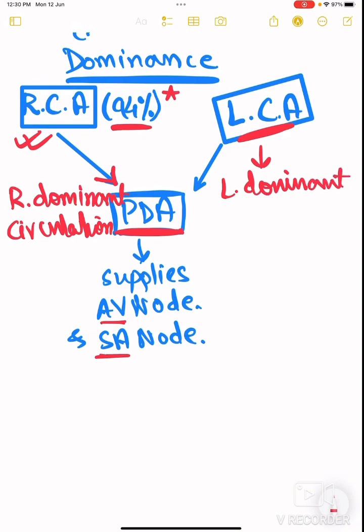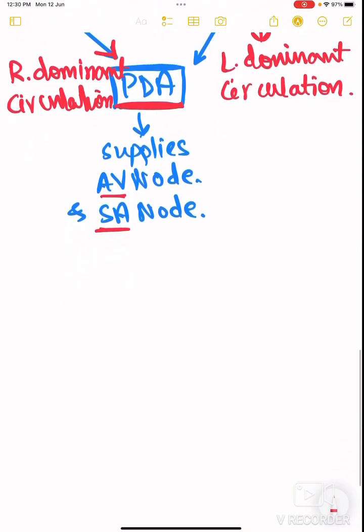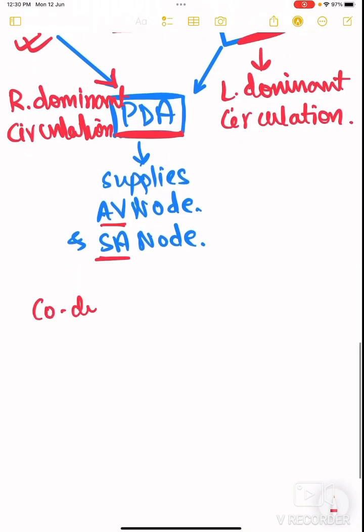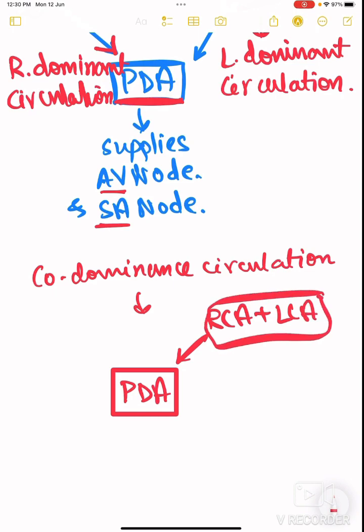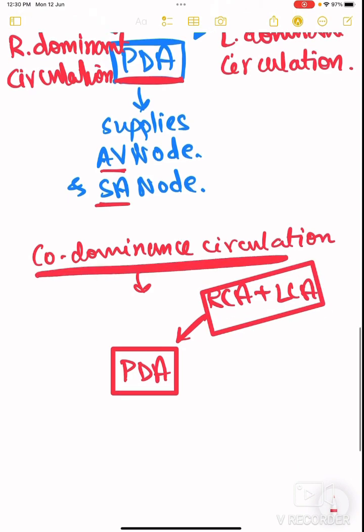This particular question has been asked previously in many examinations about dominance. Another thing is called codominant circulation. Codominant circulation is found in those people's hearts in whom the posterior descending artery comes out of both the right coronary artery and the left coronary artery. This is called codominant circulation. So this is all.